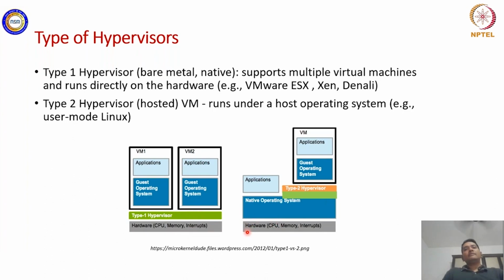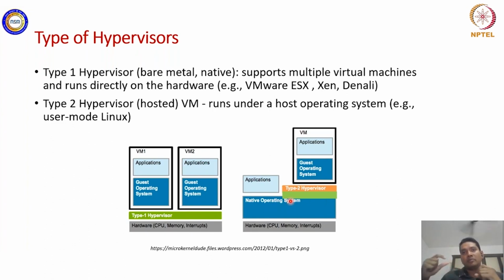Now, on the bare metal hardware, your native operating system will be running. So why not take advantage of all the drivers and modules that are present inside the operating system and put your hypervisor in the kernel portion?